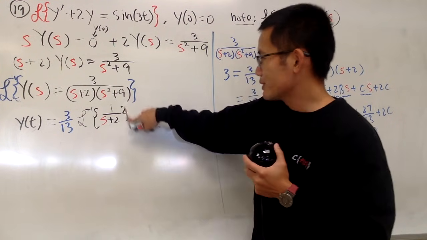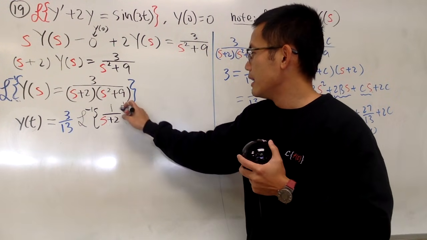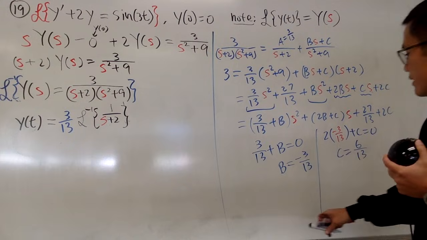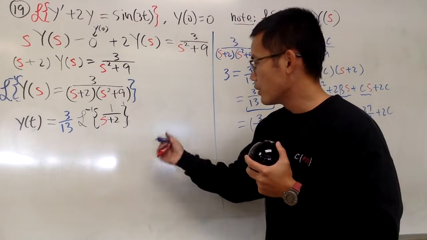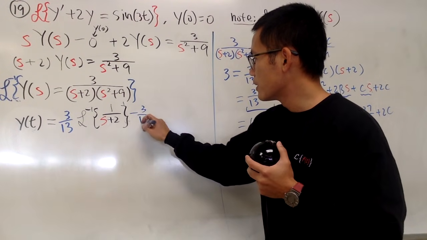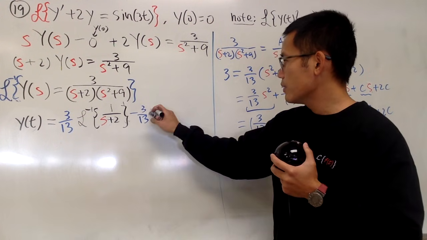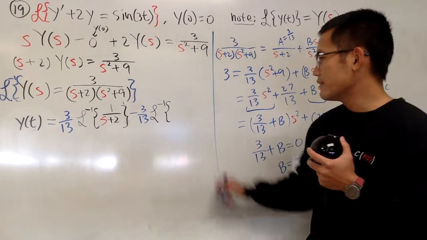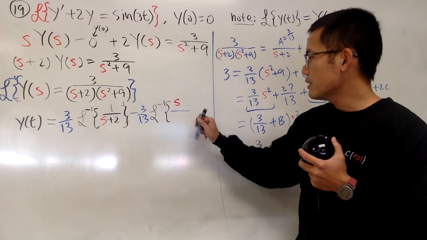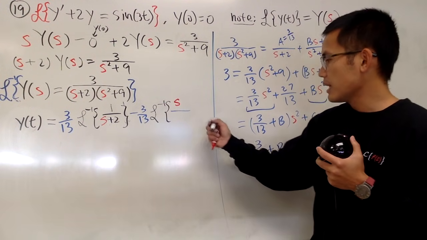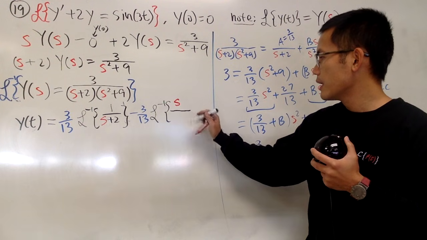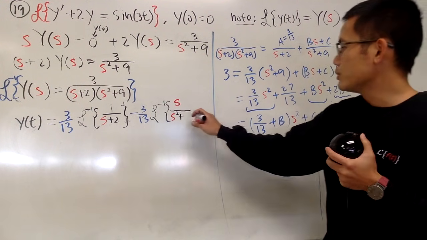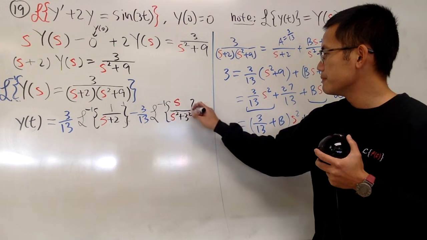Now, b is negative 3/13, so we have minus 3/13 and then inverse Laplace of s over s squared plus 9, which is the same as 3 squared.